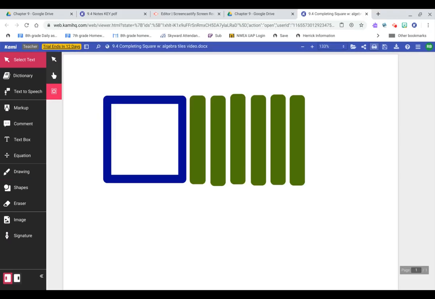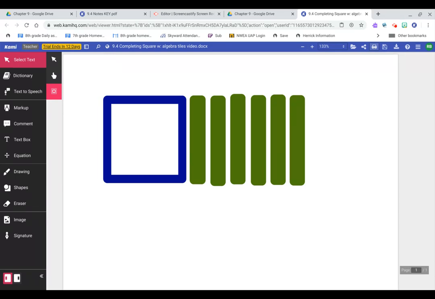Okay, so I want to jump into our regular notes and show you completing the square using algebra tiles. We started using algebra tiles in school, and I wanted to bring in algebra tiles for this specific lesson, so I wanted to get you acquainted with them before completing the square. Unfortunately, we don't have the algebra tiles in front of us in our classroom right now, but I'm going to show you virtually.